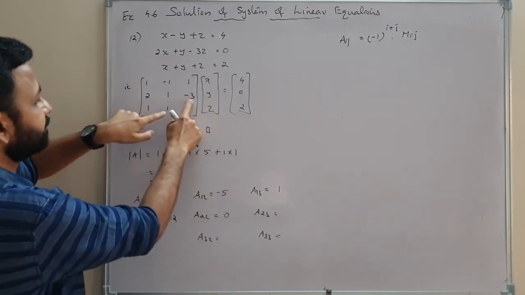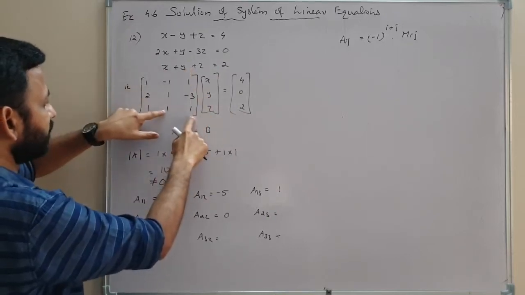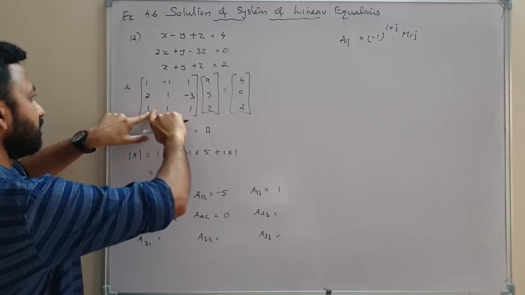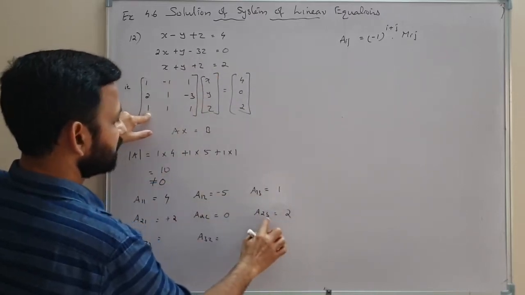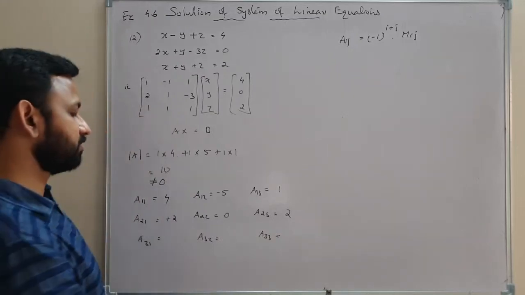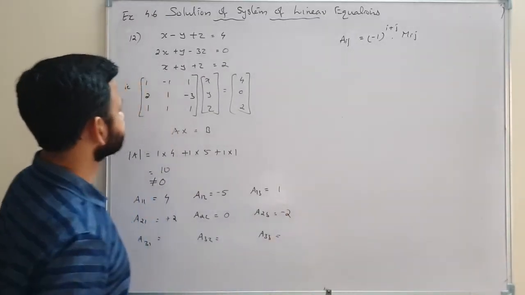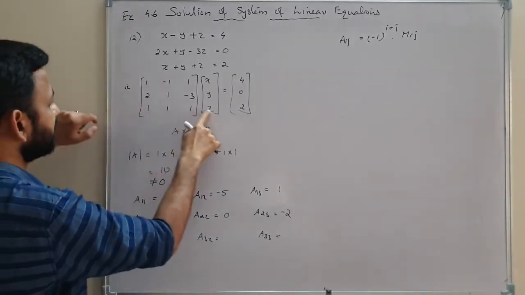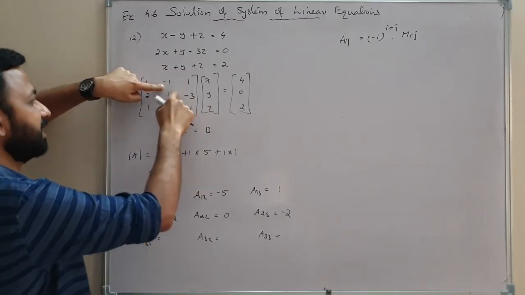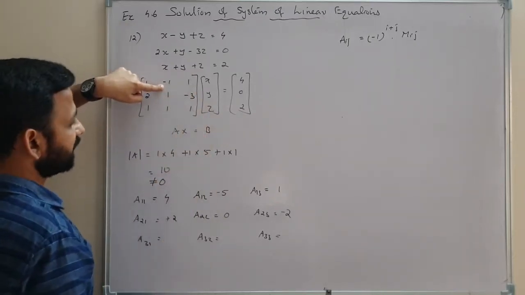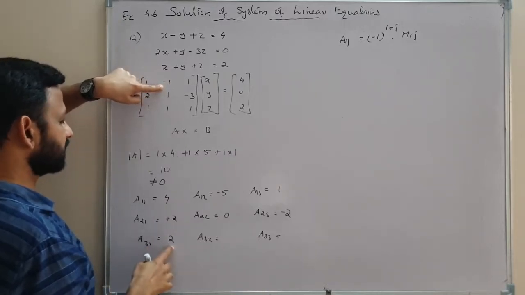Then A23, deleting, 1 into 1, 1, minus 1 into minus 1, that is 1 plus 1, that is 2, 3 plus 2 is 5, odd number, so opposite sign. Then A31, deleting, minus 1 into minus 3, that is plus 3, 3 minus 1 into 1, 3 minus 1, that is 2, and here 3 plus 1, even number, so the sign will be the same.